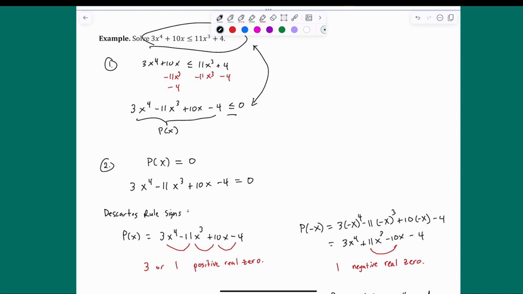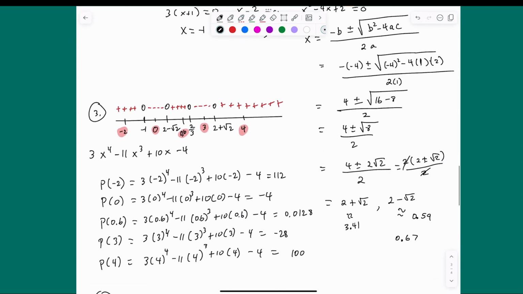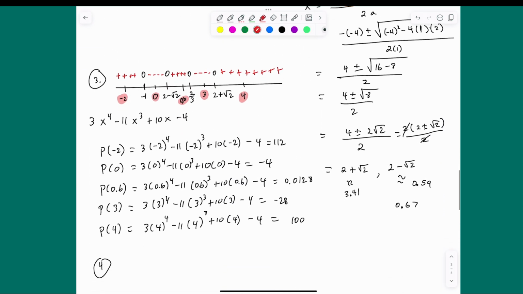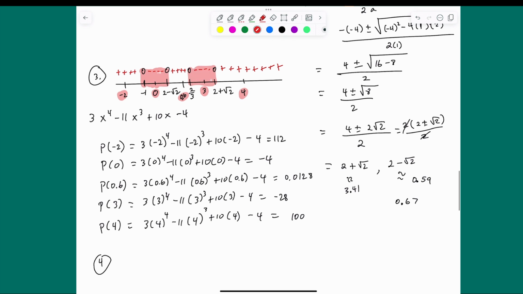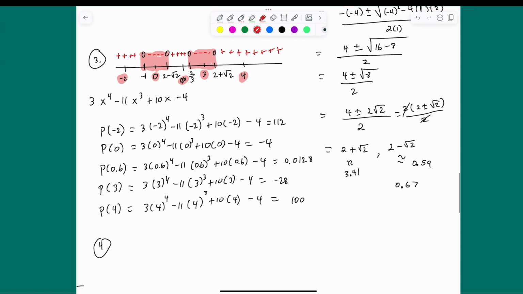So we're interested in when the output of p of x is negative or 0. Let's look at our chart. So negative or 0, we can see it's going to be this portion here, between here and here, because those intervals give us outputs that are less than or equal to 0.